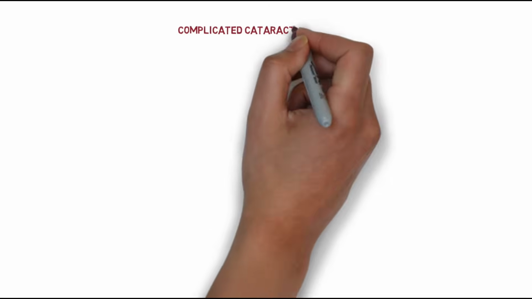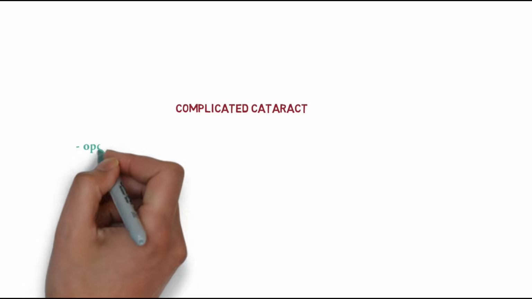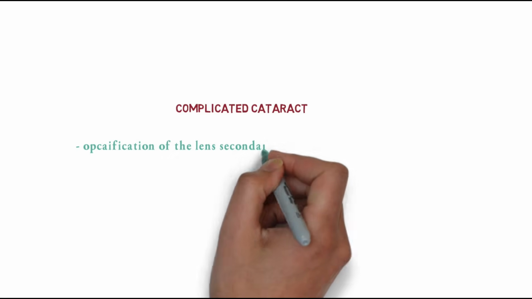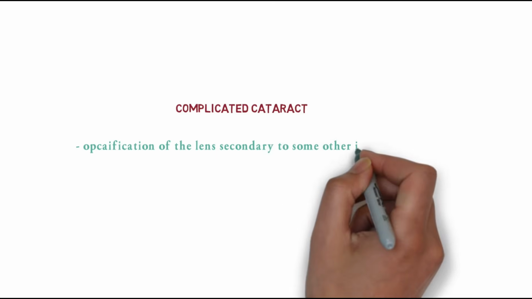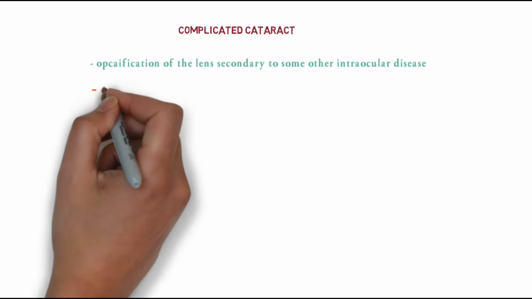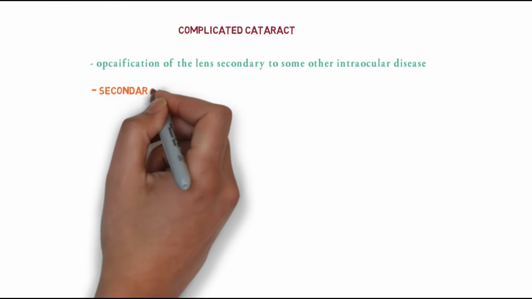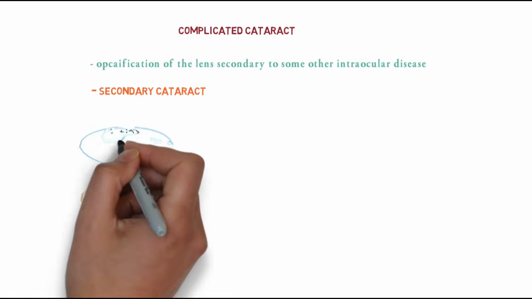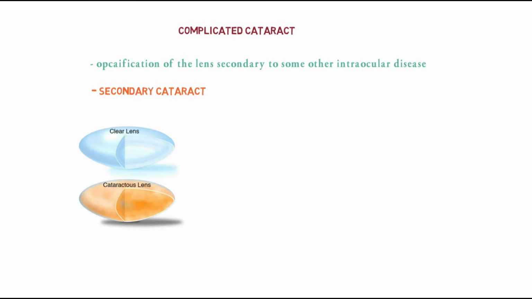What is complicated cataract? Complicated cataract is an opacification of the lens secondary to some other intraocular disease, like inflammatory or degenerative diseases of the other part of the eye. That's why it is called secondary cataract. So this is the clear lens and this is opacification of the lens.